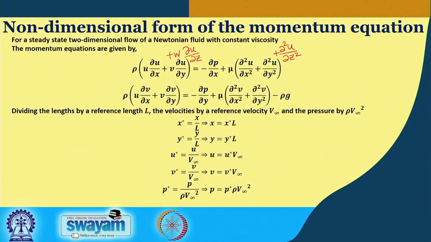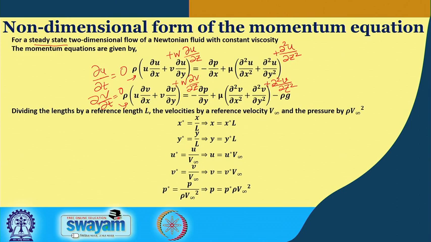Now, because it is steady state, we have dou u by dou t equal to 0 for this, and dou v by dou t equal to 0 for this. So, that is how we are able to negate this term. Similarly, here also we will have a w dou v by dou z, and a term dou 2 v by dou z square.